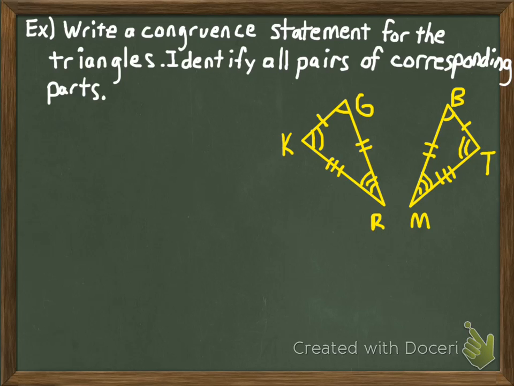Now, one of the things that I want you to know about congruent figures is that they are always transformations of one another. For instance, I'm going to draw another line in this picture. Could you imagine how if I were to flip this triangle in that line, it would make this triangle?